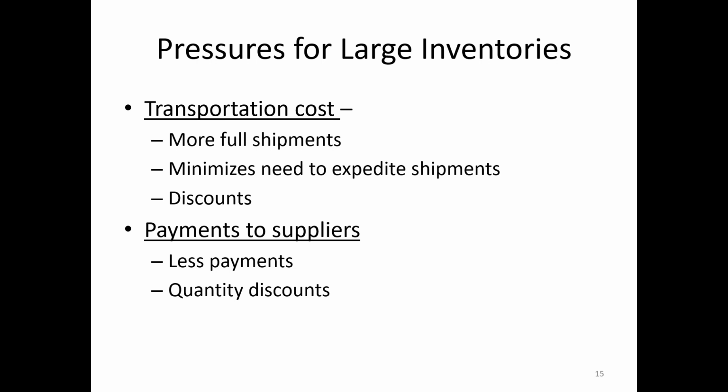There can be some pretty decent discounts that we can take advantage of if we do order in large amounts. Okay, so that kind of wraps up our beginning part of inventory management, and then we'll move on into some inventory reduction tactics and the EOQ, the economic order quantity, coming up next.